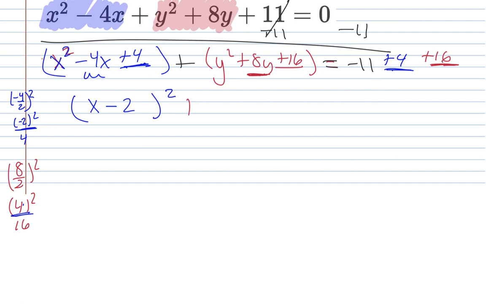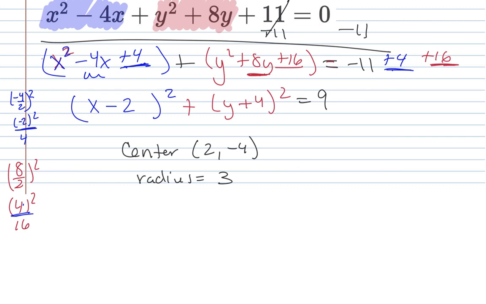And the next one is plus y plus 4 squared. And when we combine our -11, our 4, and our 16, that is going to be 9. That means our center is going to be 2, -4, and our radius is 3.